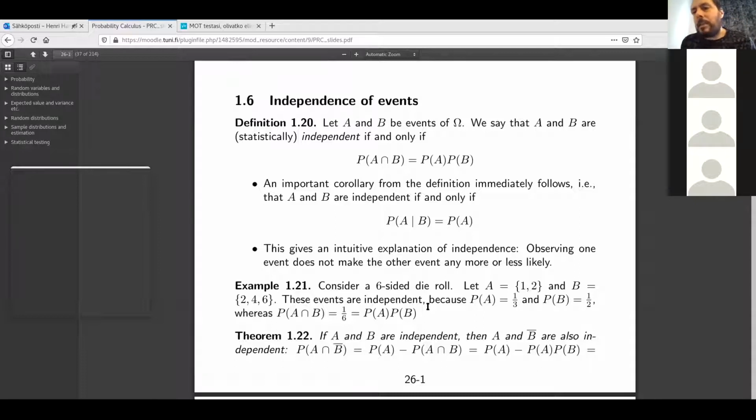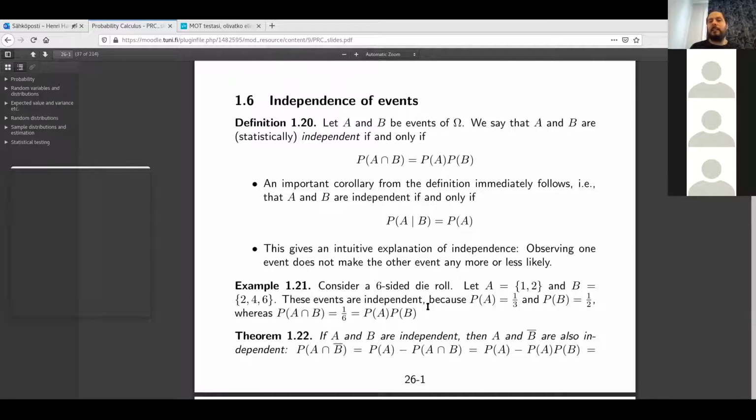So in my example of odd and even numbers on a die roll and big and small numbers on a die roll, these two are not independent when I define small to be 1, 2, 3 and big to be 4, 5, 6, because there are two big even numbers and only one small even number.